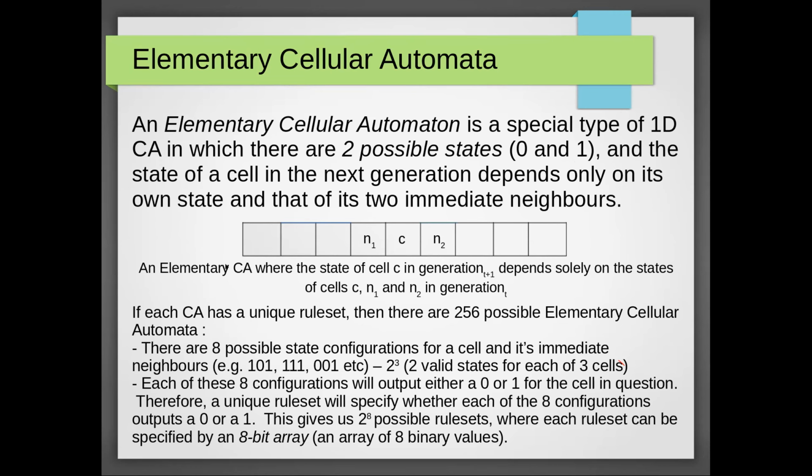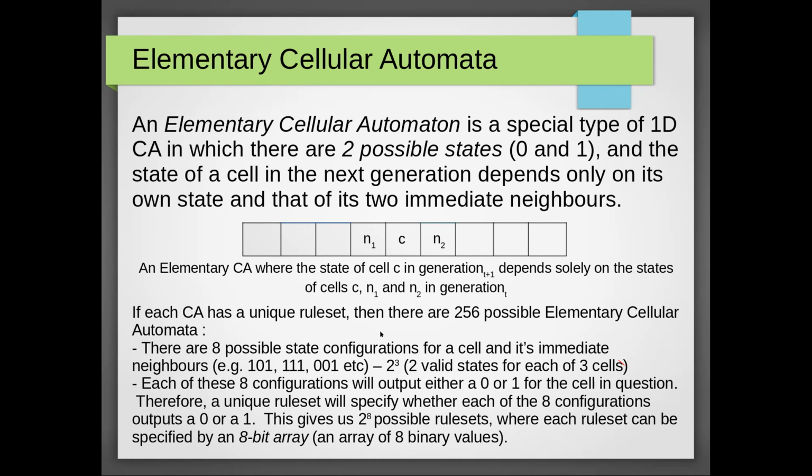So elementary cellular automaton, one-dimensional. Each cell is in one of 2 states, 0 or 1. If this is our cell of interest here, cell C, what state it's going to be in the next generation will depend solely on what state it's in now and the state of its 2 immediate neighbors here, N1 and N2.